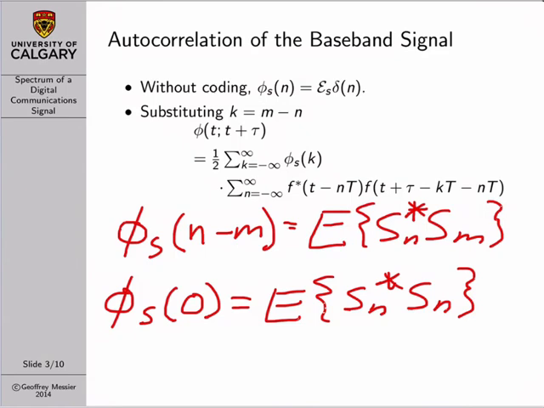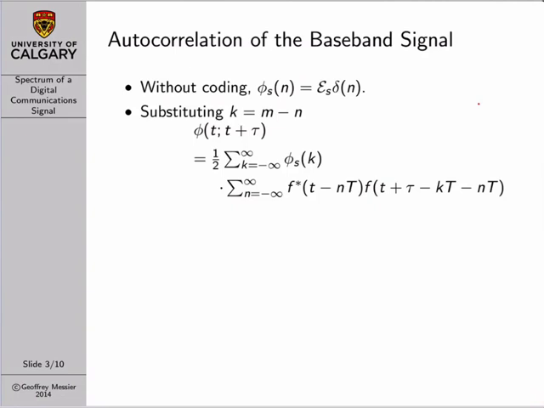And then we have basically the conjugate of the signal vector value, taking the expected value, which is just equal to the average energy per symbol. Right? So that's why we have this energy per symbol term in front of the delta function.